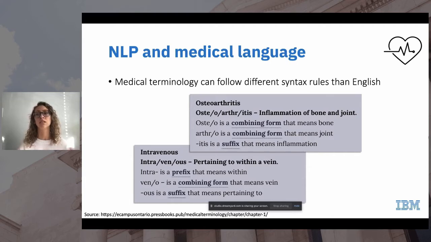They have prefixes and suffixes. And honestly, the syntax around the way we put those roots together is a little different than the way it would be in English. So any NLP modeling that we use to handle medical language is going to need to be able to accommodate both regular simple English and these more technical Greek and Latin-based medical terms.